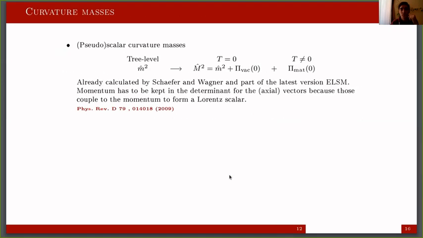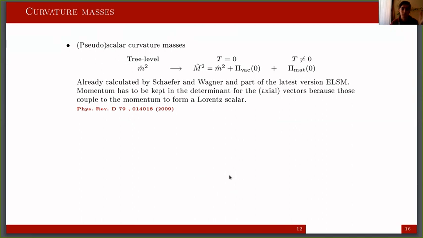What I want to show is the finite temperature behavior of these masses. Actually, for the scalars and pseudoscalars, it was calculated already in a different method by Schaeffer and Wagner, and it was also used already in the latest article of this extended linear sigma model. One can use this different method.